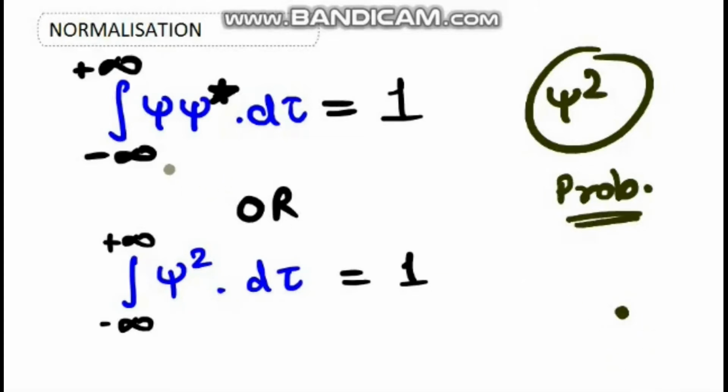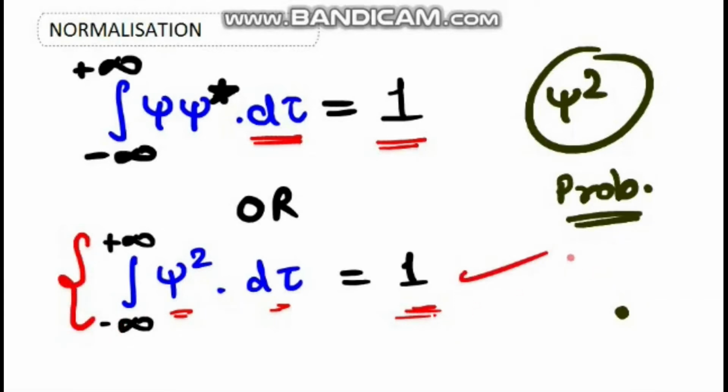Now, psi conjugate psi d tau, where d tau is volume, should be 1 if psi is an imaginary number, and similarly psi square d tau should be 1 if psi is a real number. In both cases it comes out to be 1 because the probability of finding an electron in the whole space has to be 100%, and that means 1.